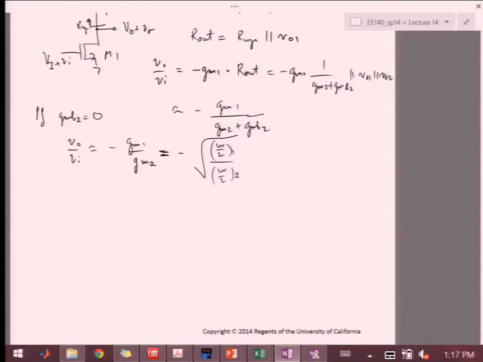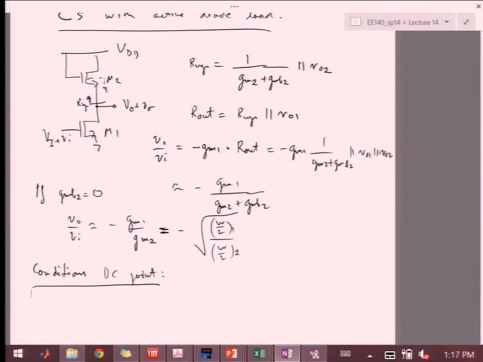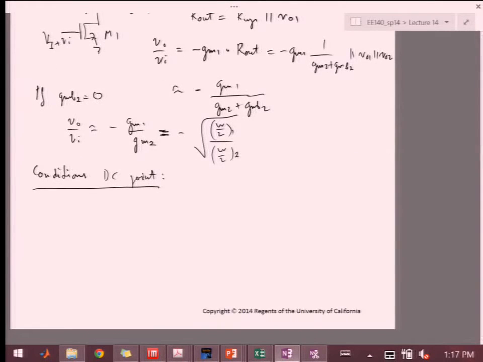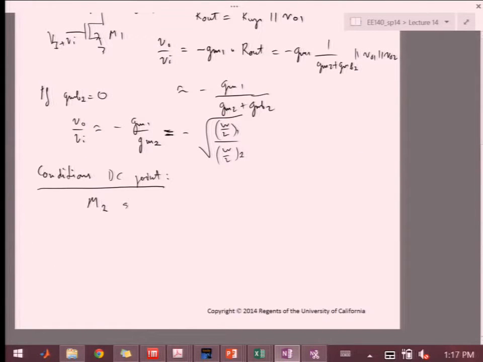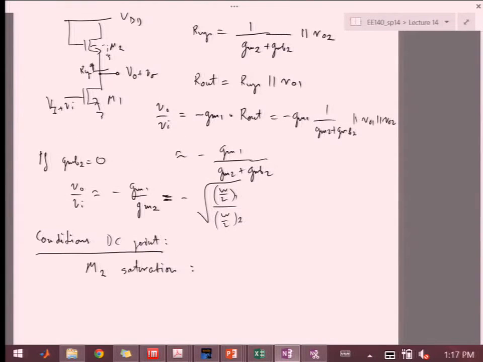So for this topology, there are some conditions for the DC operating point that we're going to look at right now. What is the regime in which M2 works? Okay, so M2 is in saturation. That's where we want it to be, but what's the condition for the output voltage so that M2 is in saturation?